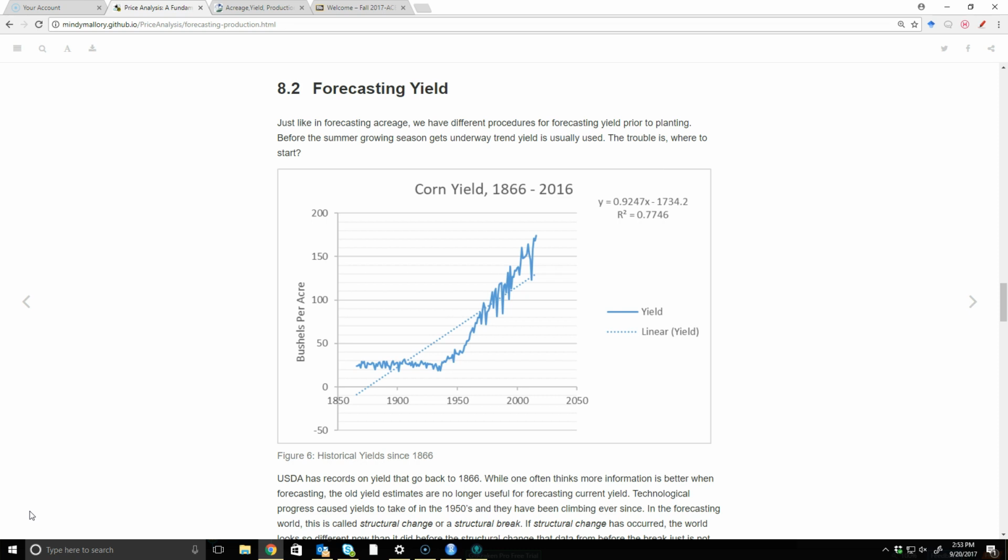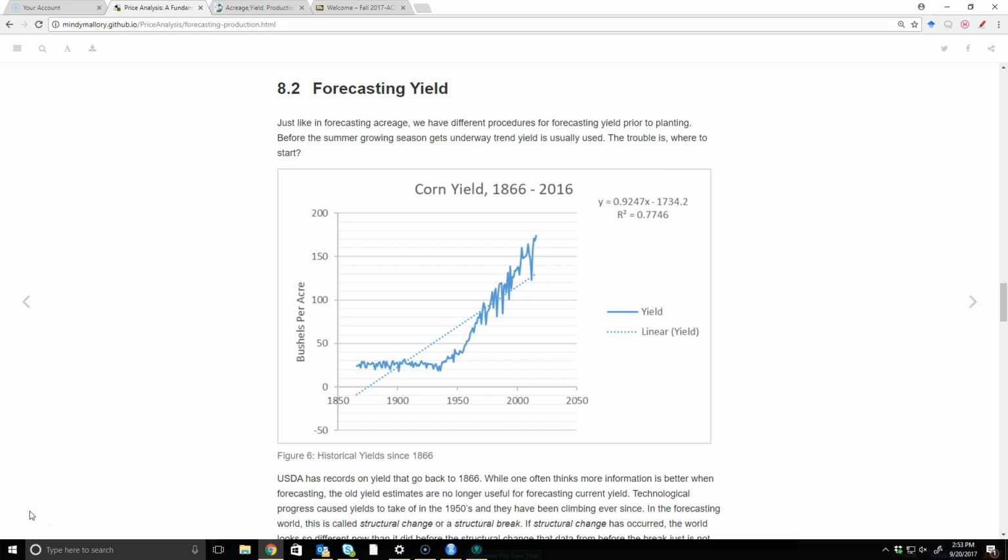When you plot those yields, though, you can start to see that those older yield realizations are probably not that useful for estimating what current trend yields would be. If you fit a line through that curve, you just get a really bad approximation about what the next realization in the series will be.